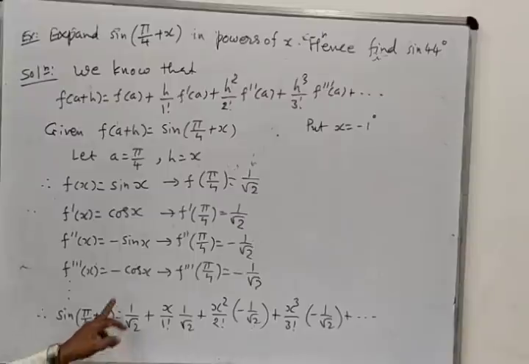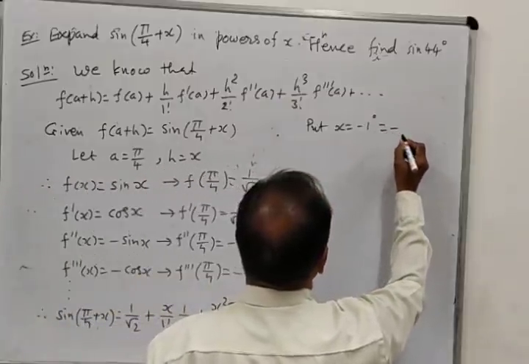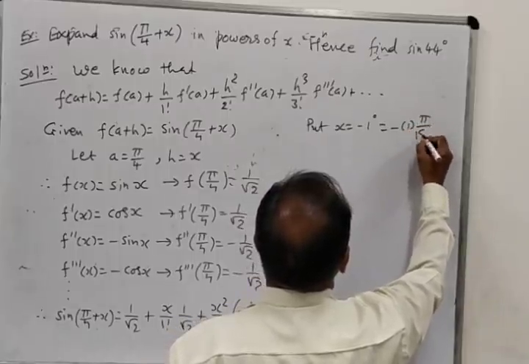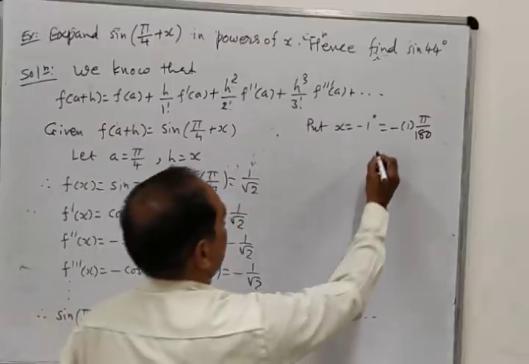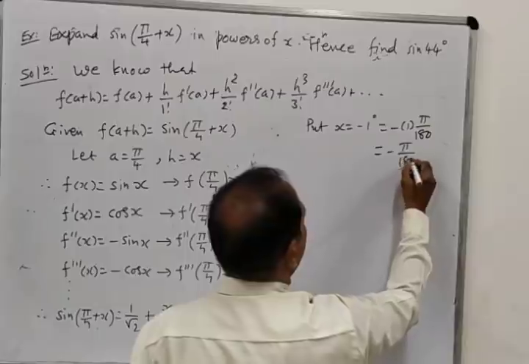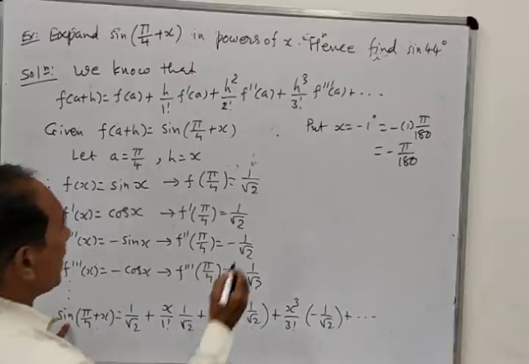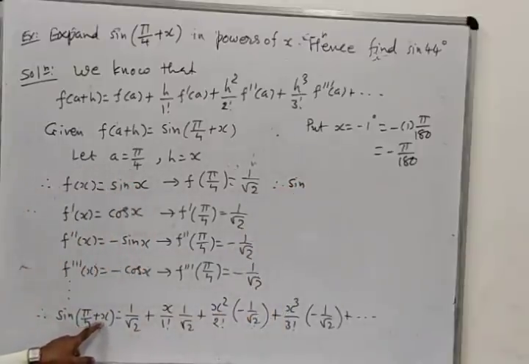Here we are putting x equal to minus 1 degree, but we need to convert this from degrees to radians. In radians we convert by multiplying 1 by pi by 180. That means it is nothing but minus pi by 180. If you want to convert radians to degrees, then multiply by 180 upon pi. So here, x equal to minus 1 degree.